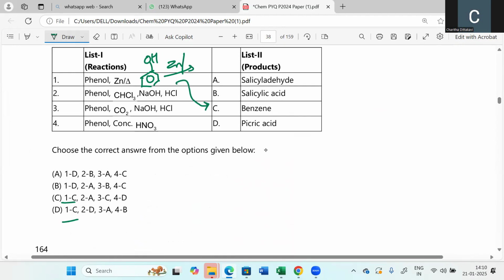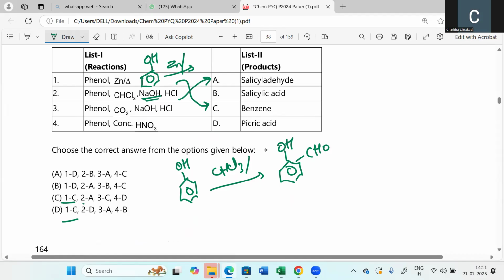Then phenol and CHCl3, chloroform, the Reimer-Tiemann reaction with NaOH. Benzaldehyde, aldehyde. So on the OH of phenol you will get a CHO group. Salicylic aldehyde will form. 2 with A. Done, story finished. Option C is made. See how quickly your questions get solved.